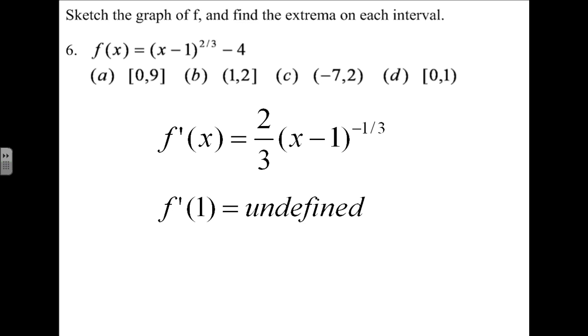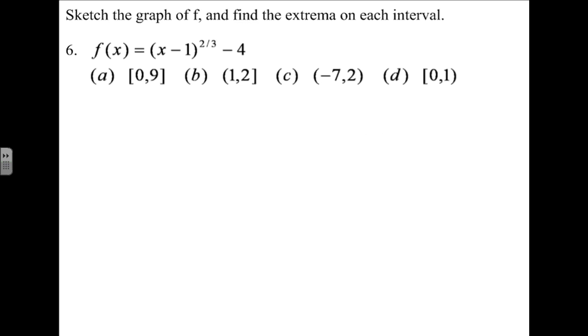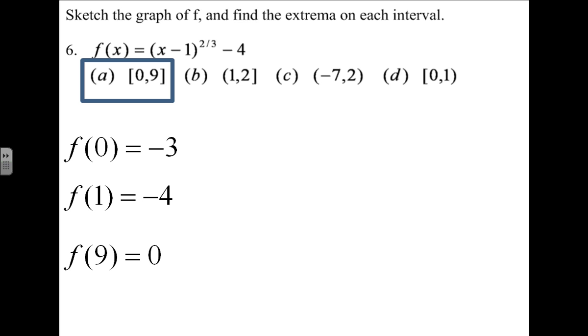All right, so now we're going to go to the graph. I just did 0, I did 1, I did 9. So which one's my maximum on part A? 0 is my maximum, and my minimum is 1, negative 4.